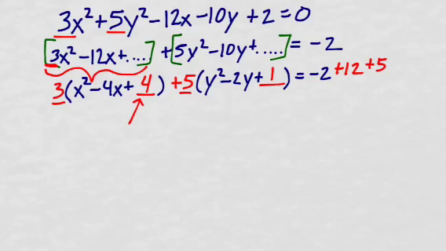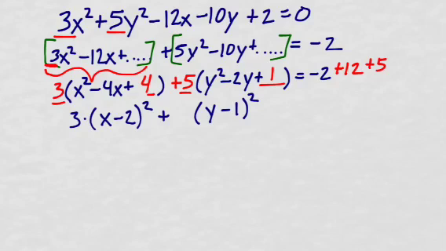So x squared minus 4x plus 4 is really x minus 2 squared, and remember we were multiplying that times 3, plus the y squared minus 2y plus 1 is really y minus 1 squared, and we were multiplying a 5 times that, equals, so we had -2 plus 12 plus 5, that's 15.